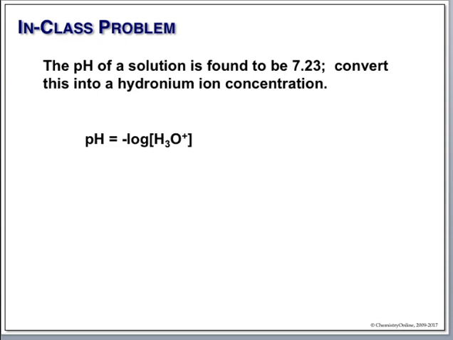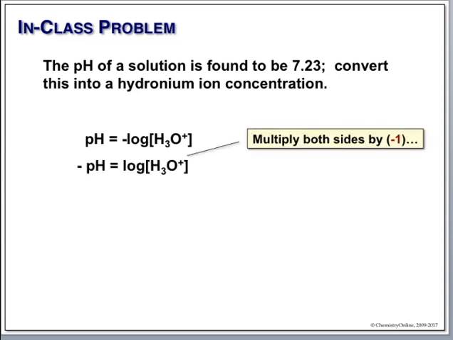So first thing I would do is get rid of this minus sign here. I'm not a negative person. So we're going to multiply both sides by -1, get the minus sign over here. So we have minus pH is log hydronium.